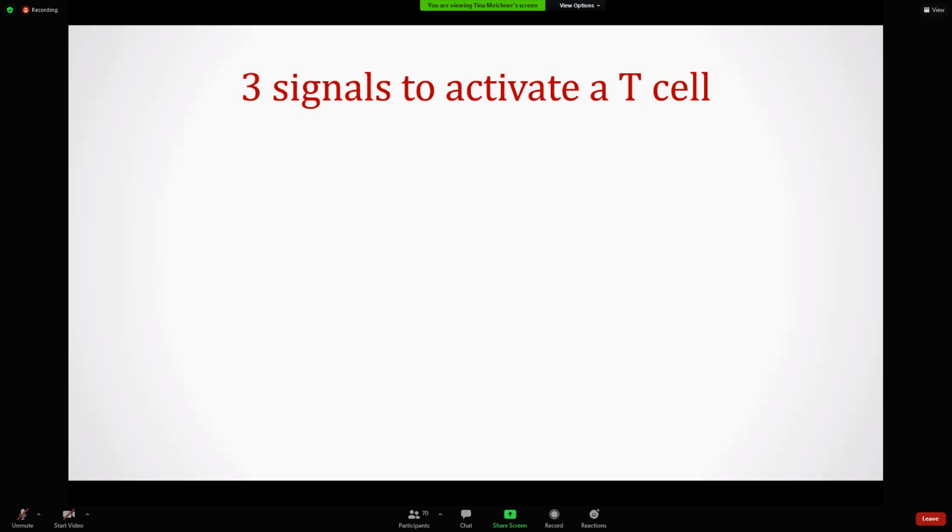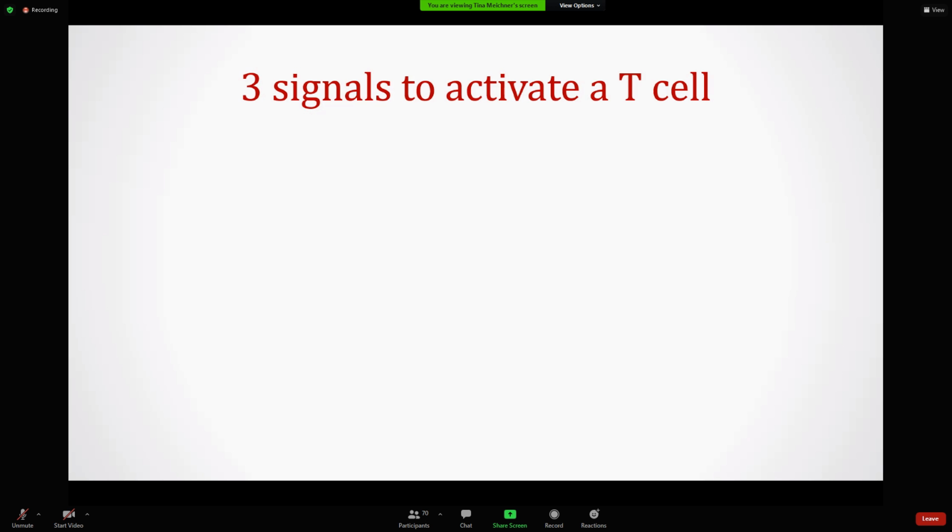Okay, so let's talk a little bit about what signals are needed to activate T cells. Do you remember what signals are needed so that a naive T cell gets activated into effector T cells? And I already mentioned one. Perfect, cytokines from the environment.